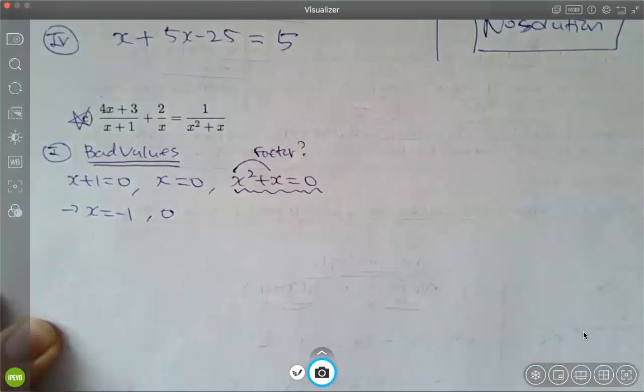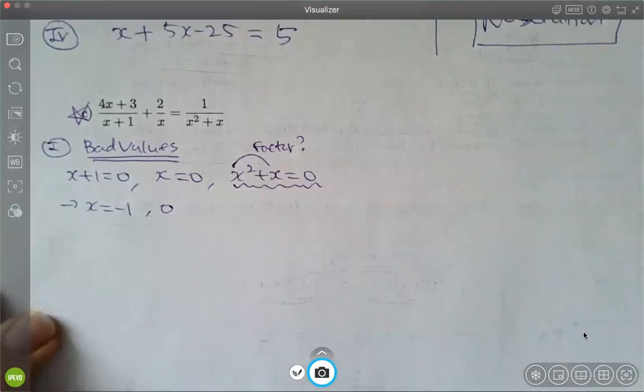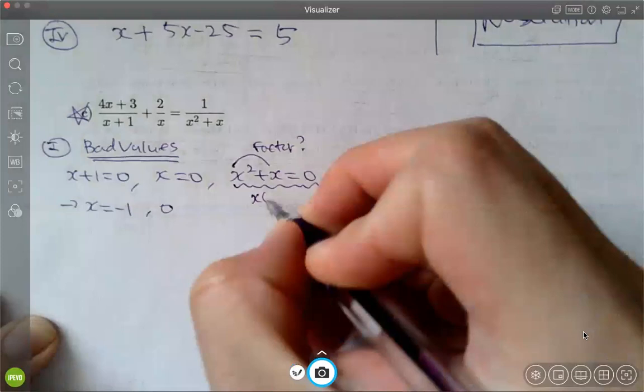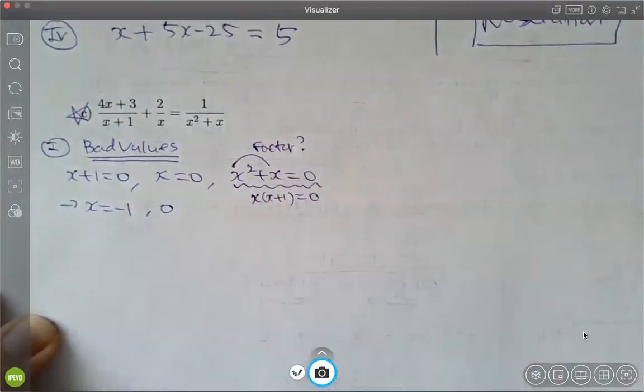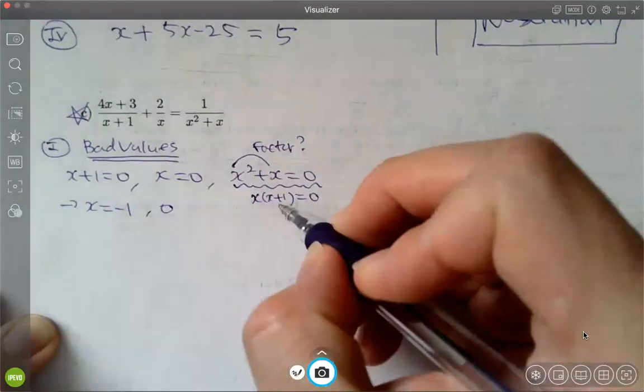Yes. What do we take out from x squared plus x? x, the GCF is x. So what do you get? x times x plus 1 is equal to 0. So what are the values of x? -1 and 0.